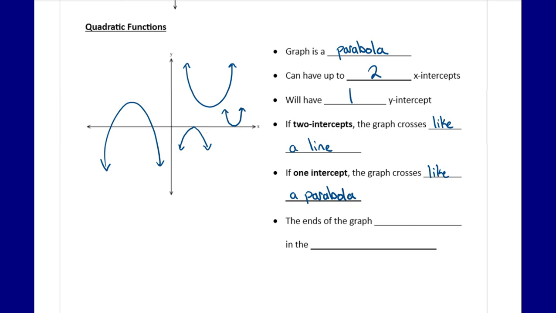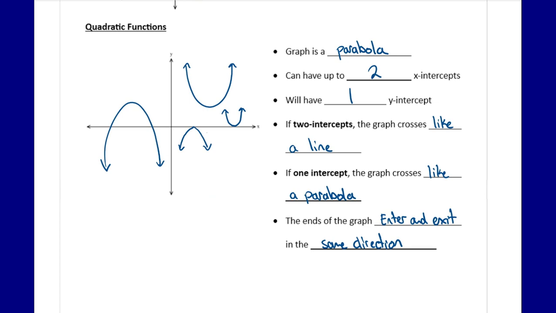The other characteristic of a quadratic function is that the ends of the graph enter and exit in the same direction. What do we mean by that? If we look at these two ends here, they're both going in the same direction. This graph is going out here downwards and going here downwards.